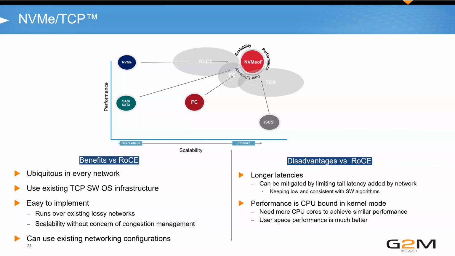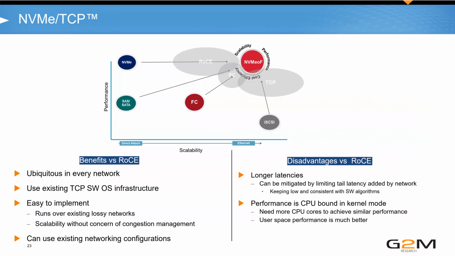So one of the things I wanted to do here is talk a little bit about what we perceive some of the benefits and potentially what have been seen as disadvantages of TCP versus Rocky in the market. Talk a little bit about how we're approaching that market and some of the products that we have.